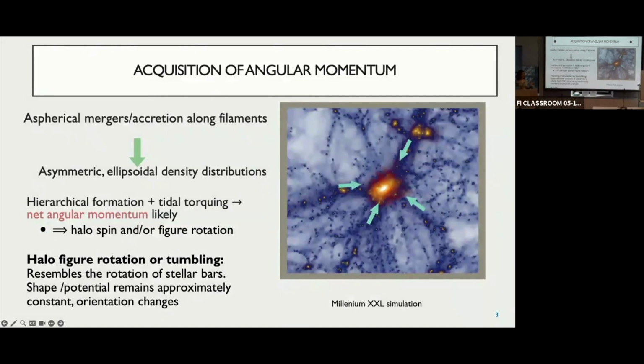So dark matter halos actually have both types of motion. And what I'm calling figure rotation is a term that's used in the context of stellar bars and is analogous to the tumbling of a football. So that's what I'm going to tell you about.